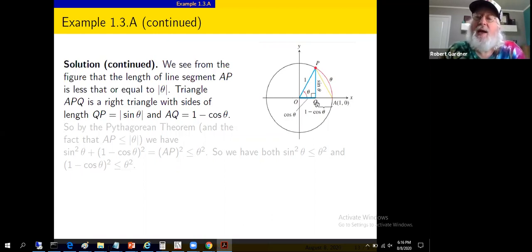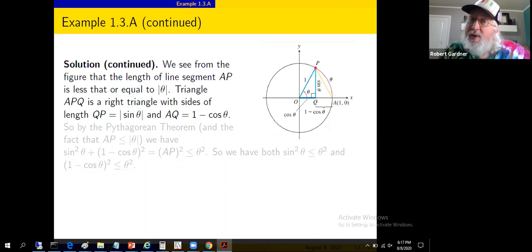So we've got a right triangle. The length of this side will be absolute value of sine theta. The length of this side will be 1 minus cosine theta, AQ, distance 1 here. Cosine theta is what we get out in terms of this distance, or I guess that could be negative as well. We're going to need absolute values on this. 1 minus cosine theta, could that be negative? No, we're good.